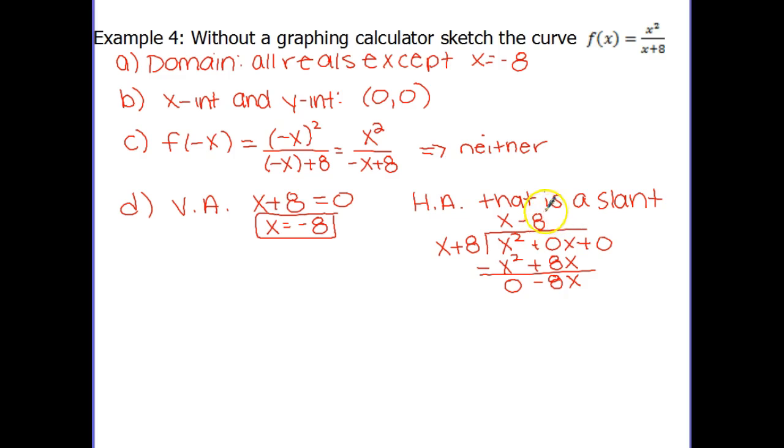This is the equation of the slant. You don't have to find a remainder. That is the equation of a line, slope, y-intercept. None of the rest of it matters. Does that make sense? You're not trying to actually solve long division. You just want the equation of the slant. The remainder isn't going to affect the slant.